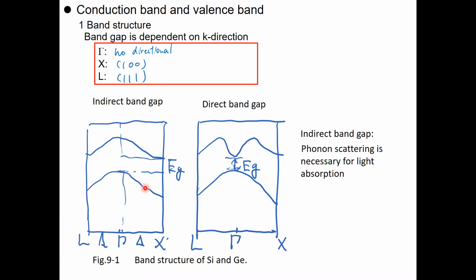Here is the electronic state available for these materials. The bottom of the top side is the conduction band edge, and the top of the bottom is the valence band edge.